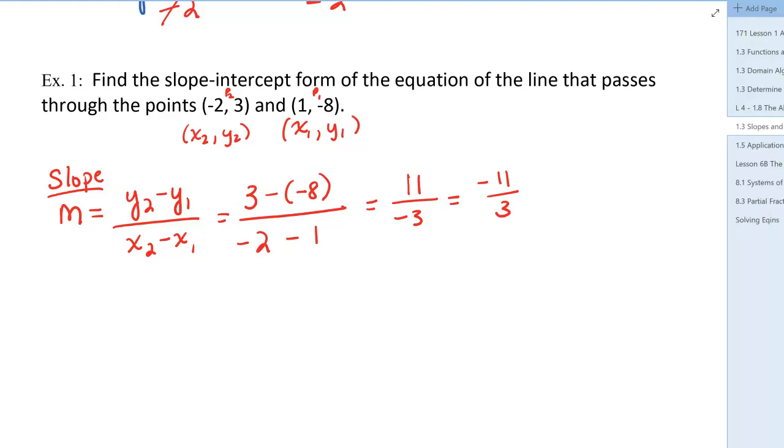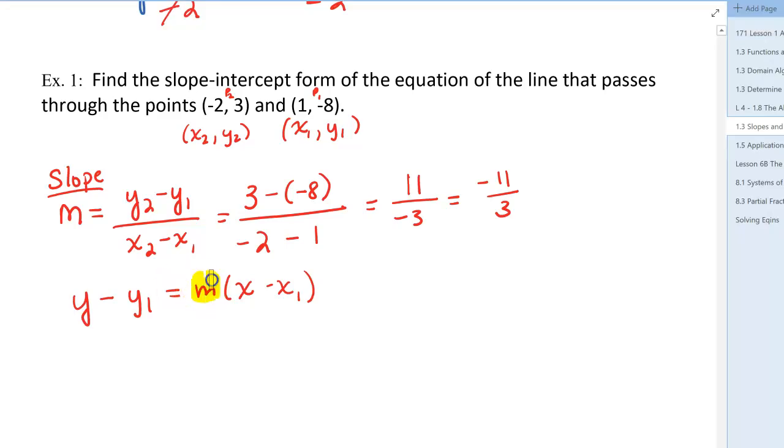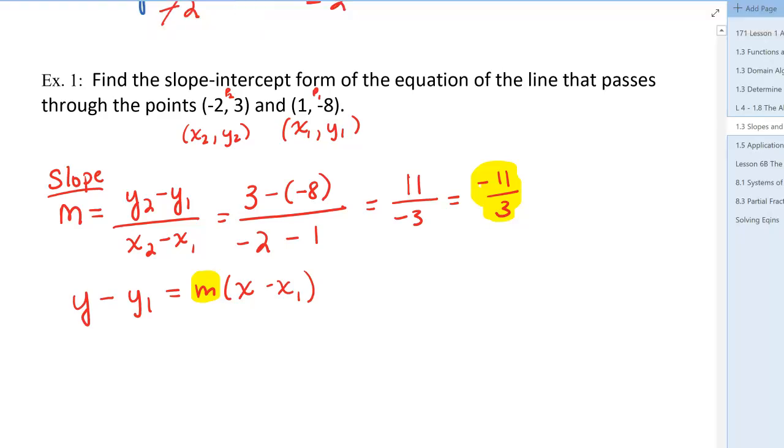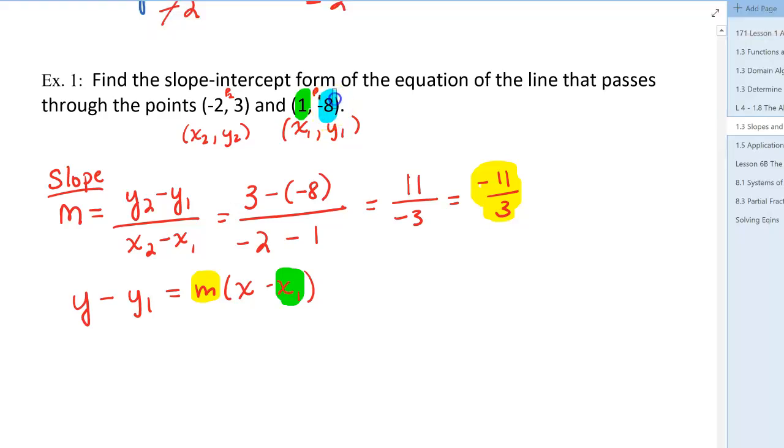All right. Now I'm going to use my formula, y minus y sub 1 equals m times x minus x sub 1. And remember what we're plugging in. The slope, which we just found, and then our x value from our point 1, which would be 1, and that's going to go here, and our y value from point 1, which is here, and that's going to go here.